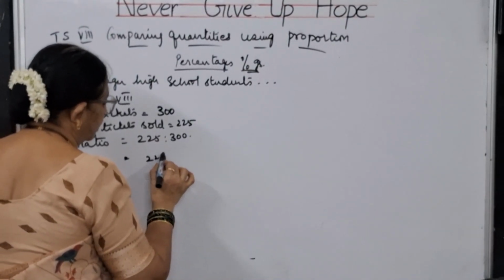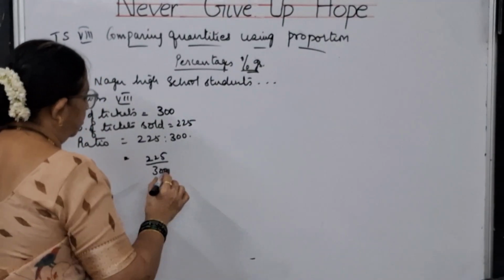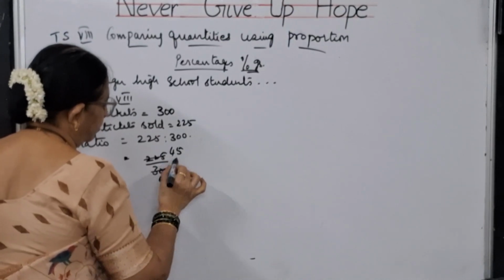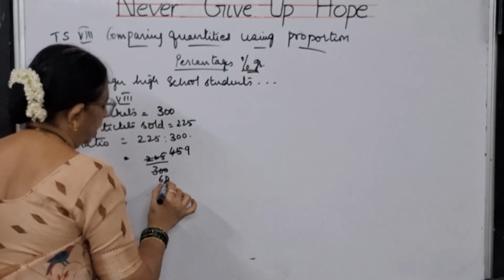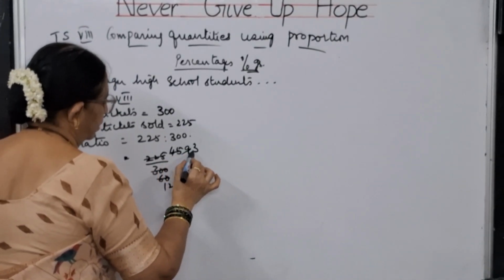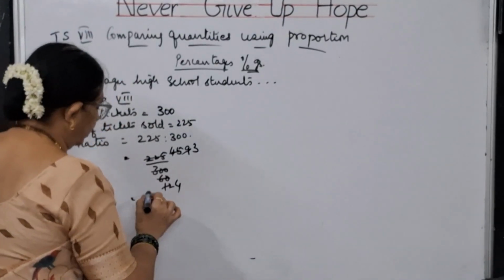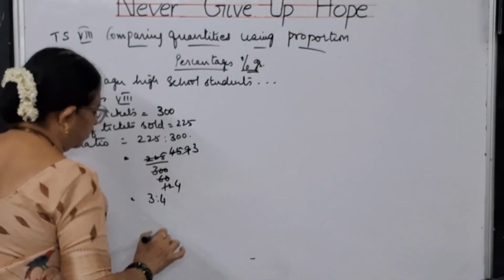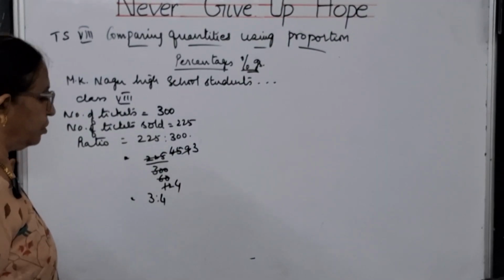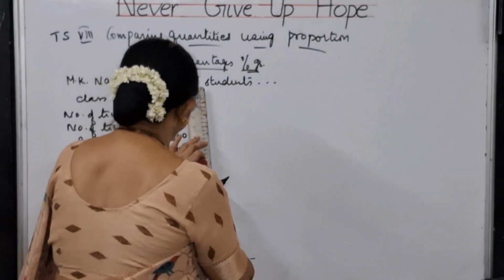So let us first write 225 by 300 in the p by q form and simplify. 5 fours are 20, 5 fives are 25, 5 sixes are 30, 5 nines are 45, and 5 twelves are 60. 3 threes are 9, 3 fours are 12. So the ratio that you are getting is 3 is to 4. Class 8 has got 3 is to 4. For this we will be writing percentage.